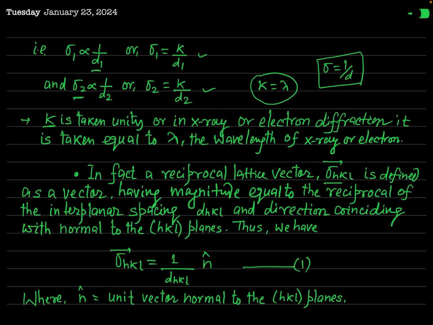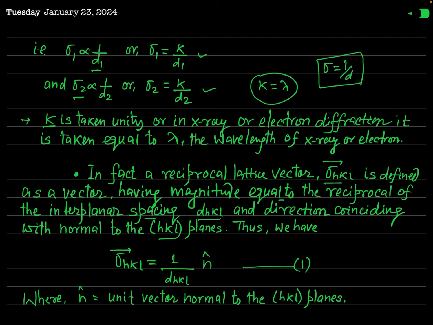Actually, this reciprocal lattice vector is defined as a vector having magnitude equal to the reciprocal of the interplanar spacing, which is DHKL, and its direction coincides with the normal to the HKL planes.